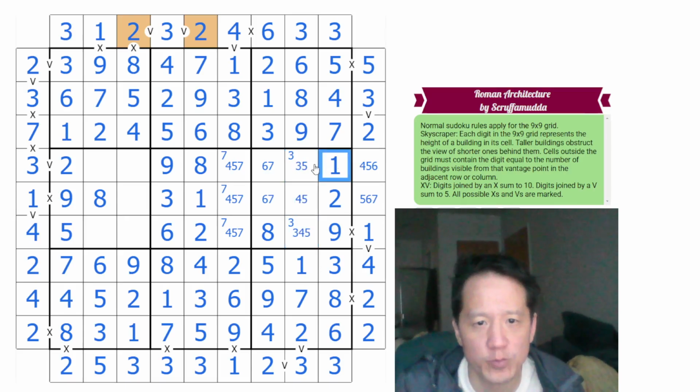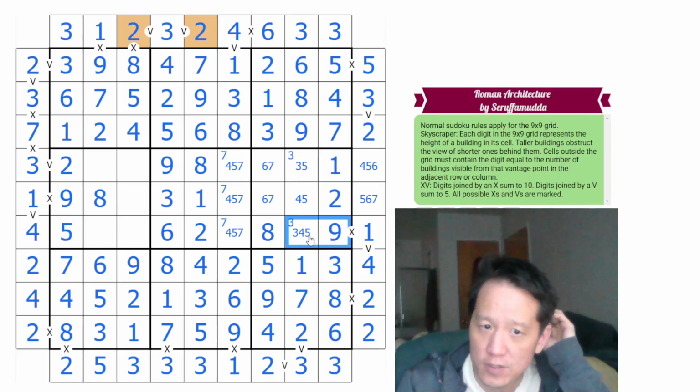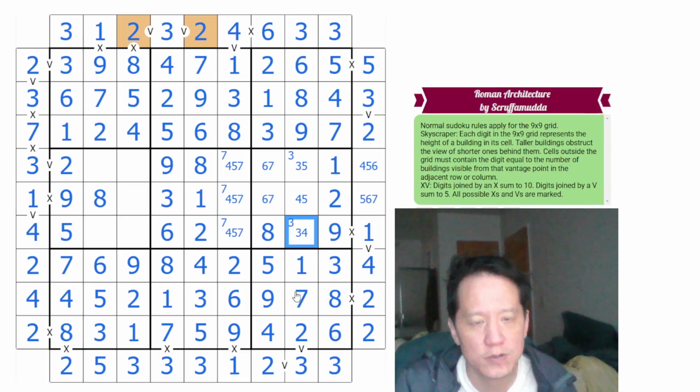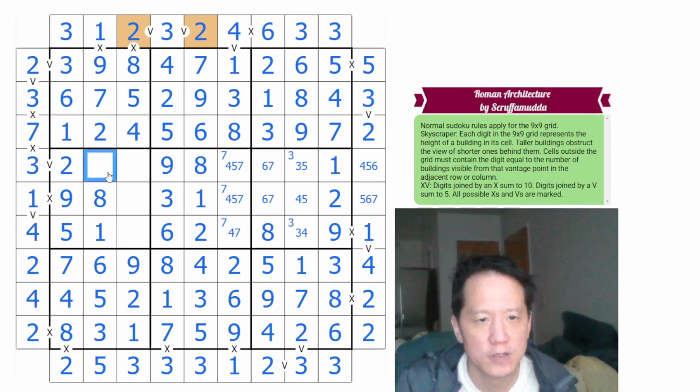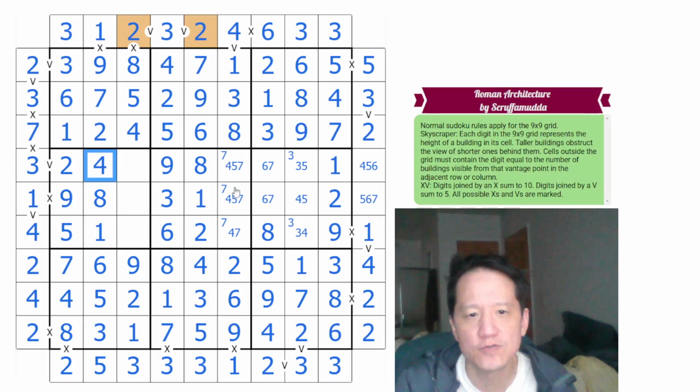This can't be 4 because this would add up to 5 without a V. This can't be 5. So this is 3 or 4 here. This can't be 5. We know there's a 1 here, so this has to be a 1. The remaining digit is 4, so this is 4.